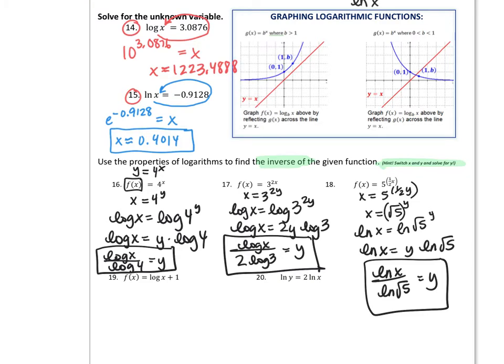All right, now notice the last two have logs in them. You're still doing the same process, but instead of taking the log of a side, you're doing exponential notation, basically. So let's see what this looks like. This would be x equal to log y plus 1. So if I want to isolate the y, this would be x minus 1.